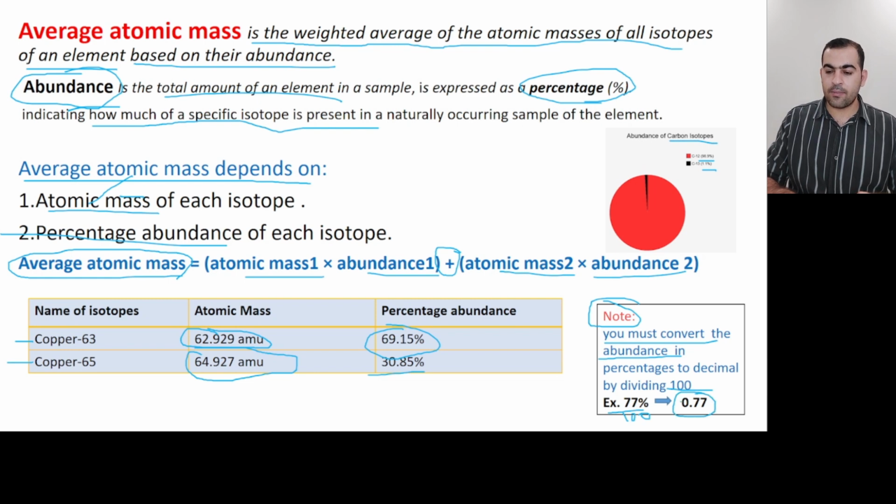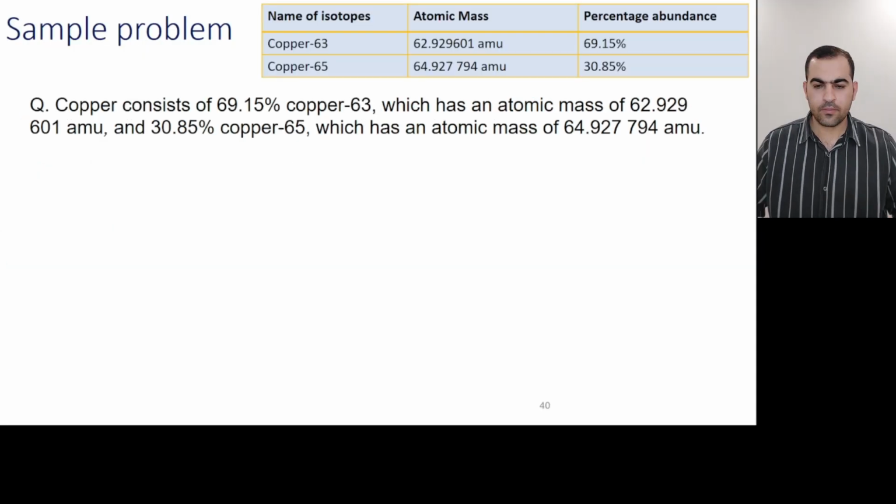For abundance, we must put these decimal numbers. Awesome. Okay, let's solve a problem.